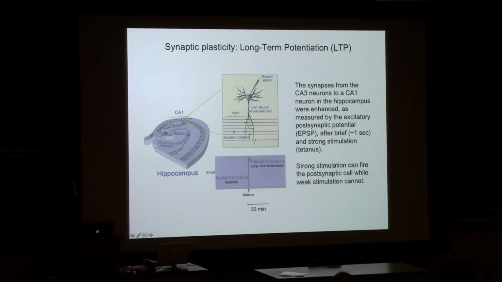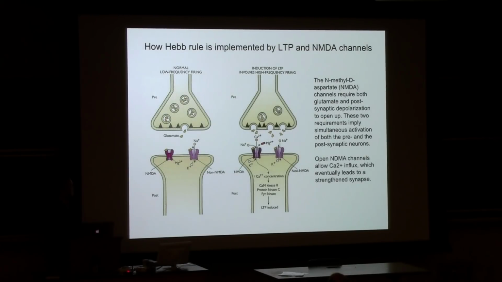If your stimulus is too weak, the cell here is not active. If you have a very strong stimulus, called tetanus, it's very strong, so that drives the cell active. Then the synapse gets strengthened in only a few minutes, getting activated very quickly. So the mechanism for this, how is Hebb implemented? You remember how the synapse works?